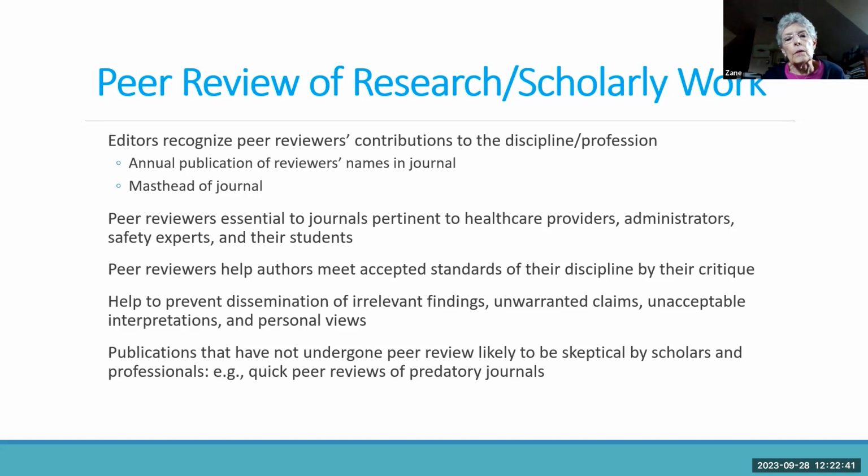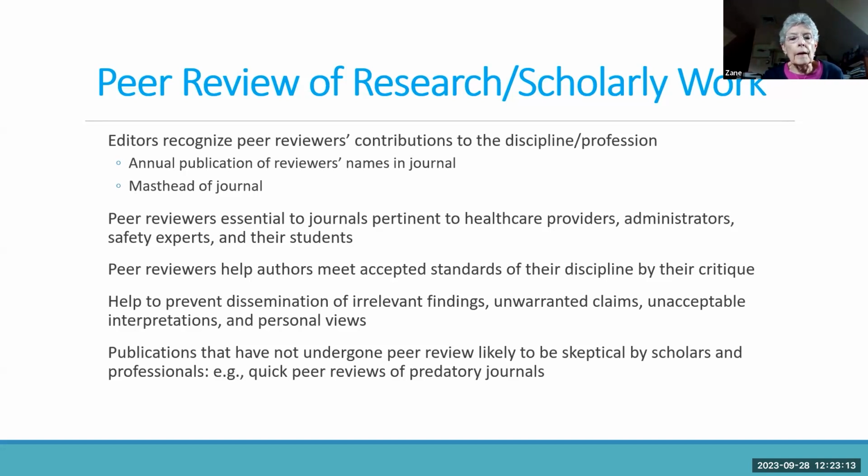So it's really important that the peer reviewers recognize how important they are to the journal and to the profession, and that they really do help build the discipline and the profession through their critique, and also prevent the problems of incorrect information, irrelevant findings, claims that are inflated, and basically imposing their personal views.